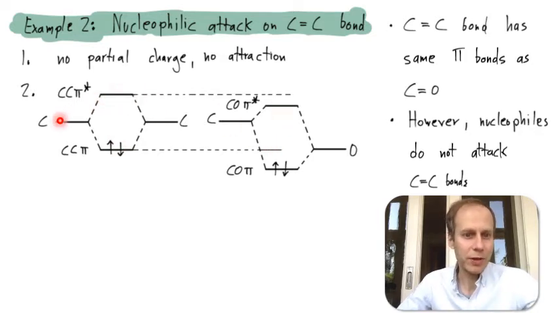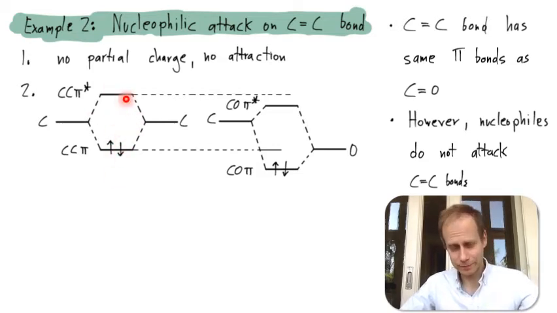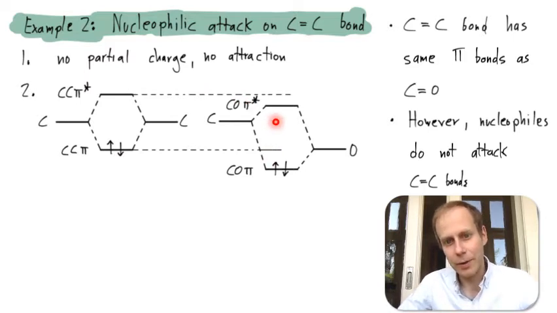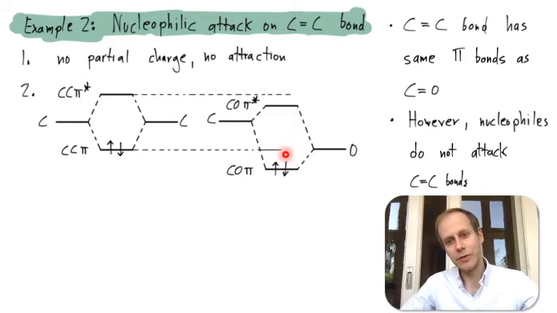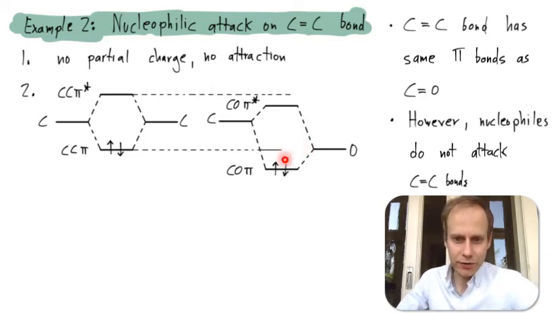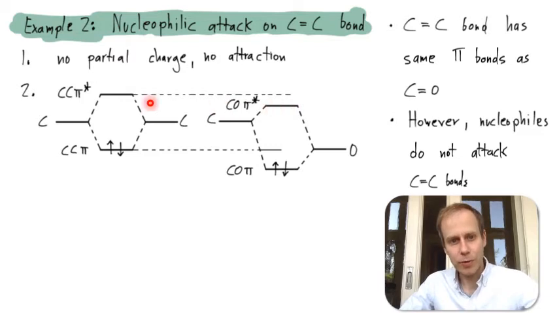But now, because the two carbons have the same electronegativity, the molecular orbitals that can be formed are symmetric in energy, unlike for the CO double bond. The oxygen is lower in energy because of its higher electronegativity, and that causes the pi star to be lower in energy for the CO bond than the pi star for the CC bond.